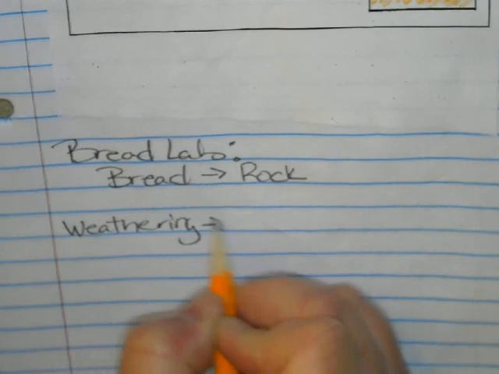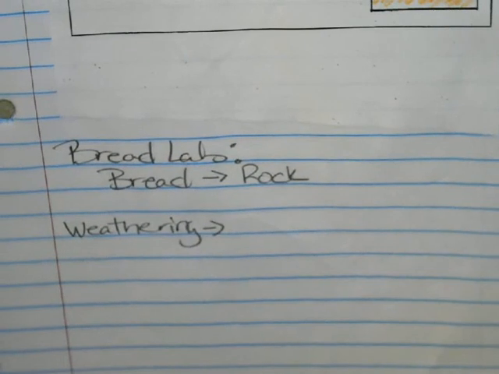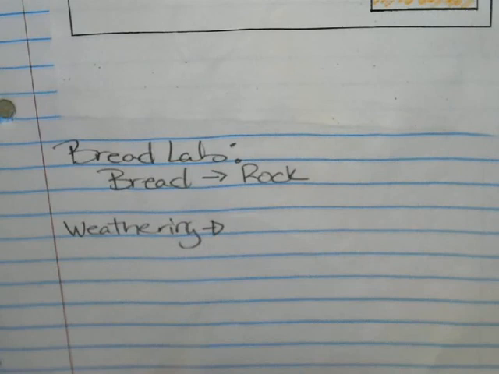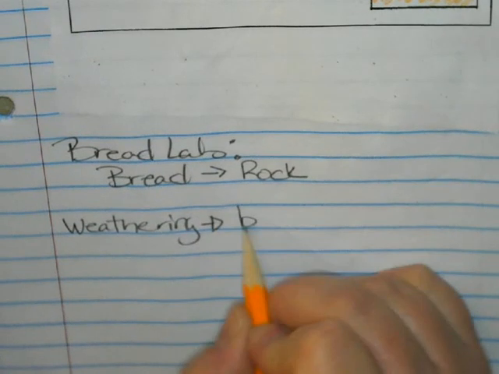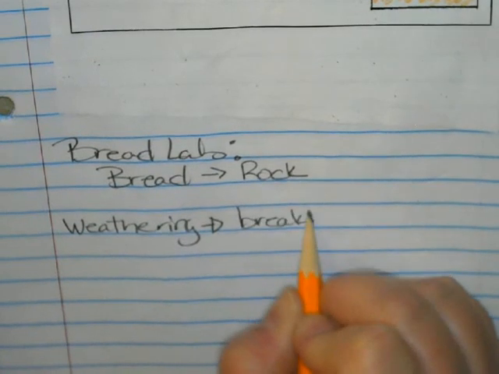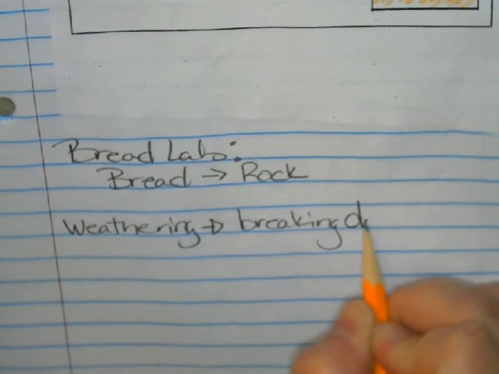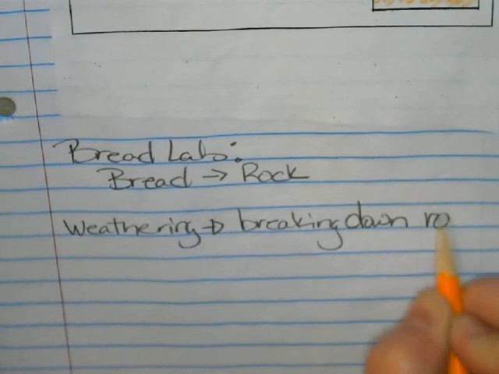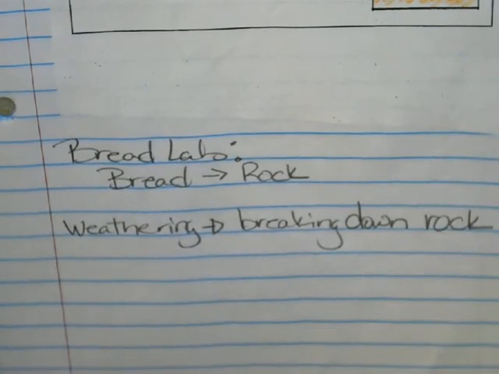And weathering is breaking down rock. And that's where you took the bread and you crumbled it up into those very, very fine pieces, left it on your paper towel. Those broken pieces and fine pieces were called sediment.